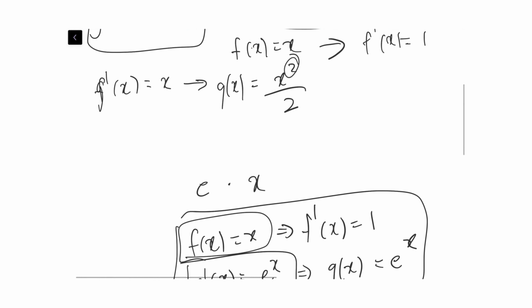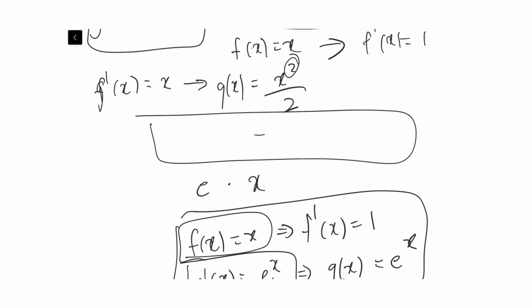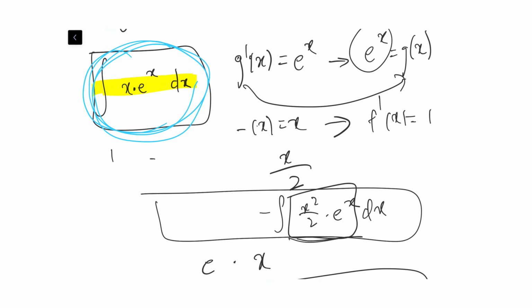And then we ended up with our whole expression minus the integral of x squared over 2 times e to the x, which is again a whole different process of integration by parts that we need to apply again, and that would just give us more complications and make the process longer. You have to be very careful in the original integral with what you choose to be what, essentially.